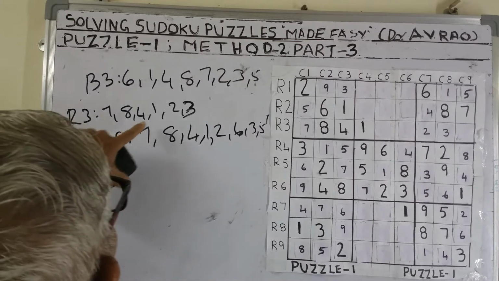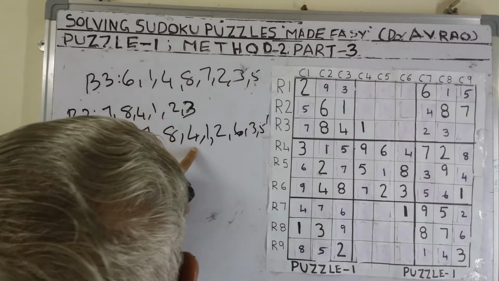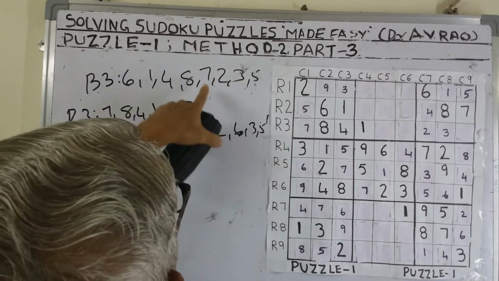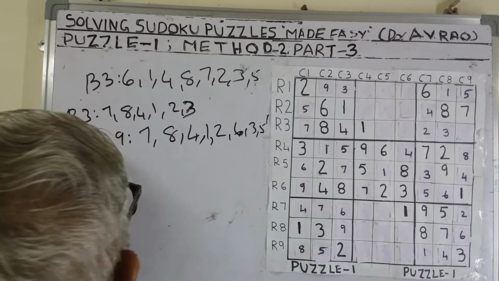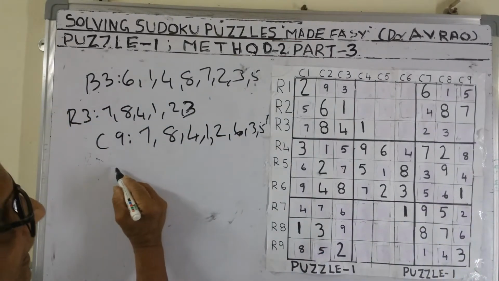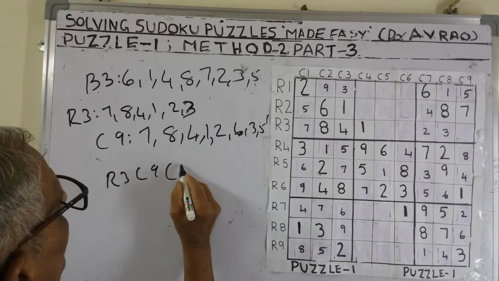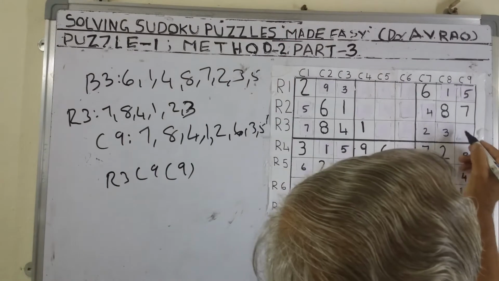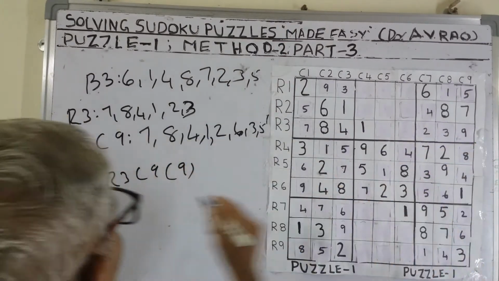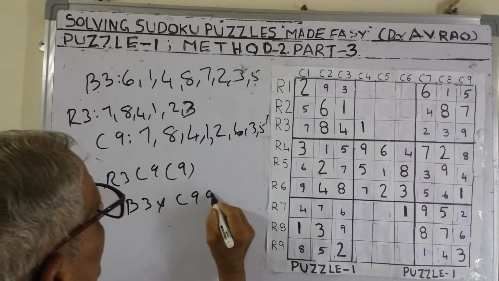So let us see, 1 is there, 2 is there, 3 is there, 4 is there, 5 is there, 6 is there, 7 is there, 8 is there, 9 is missing. So let us write 9 in R3 C9. Now B3 and C9 are completed.